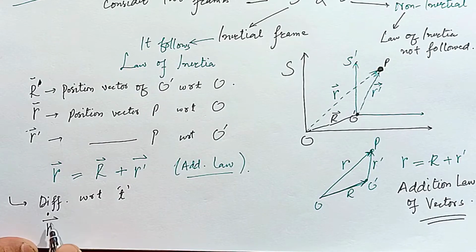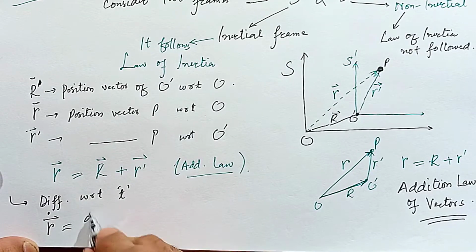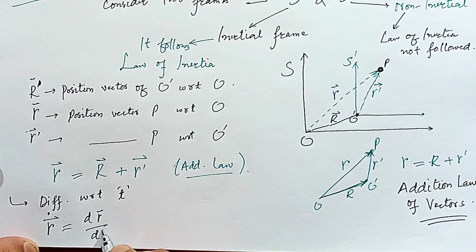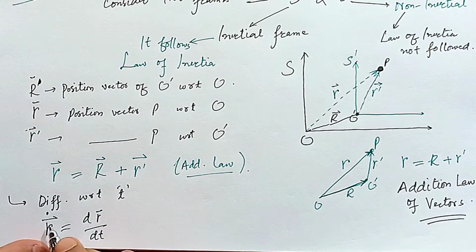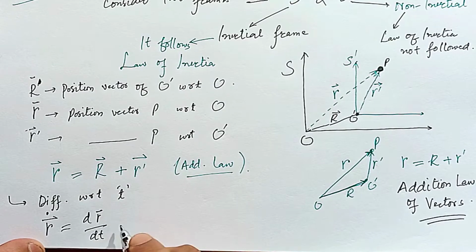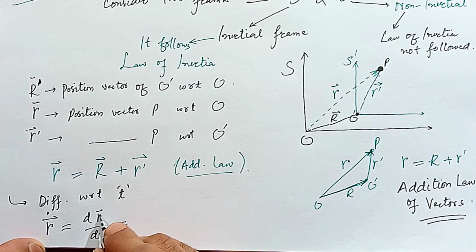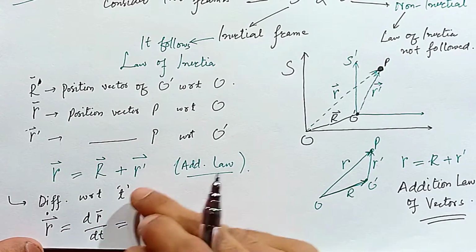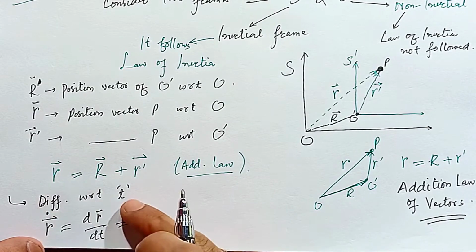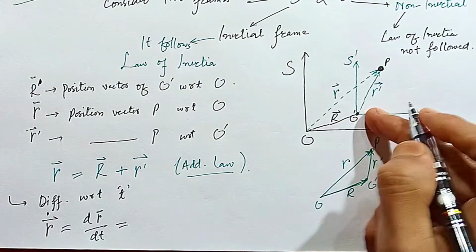I have already told you that this is the representation of dr by dt. Dot means differentiation of the vector with respect to time, so I will represent it like this from now onwards. So R dot will be equal to this R dot.